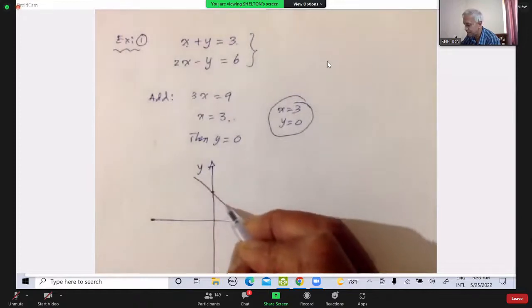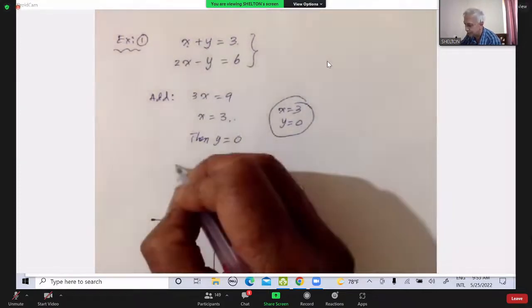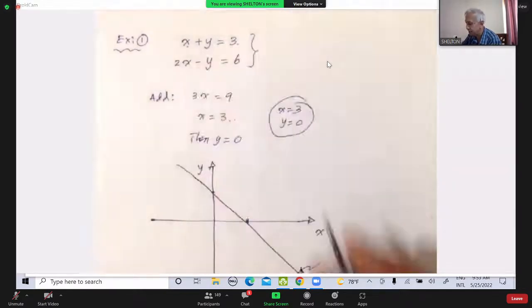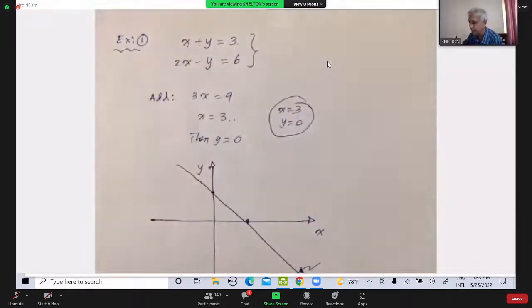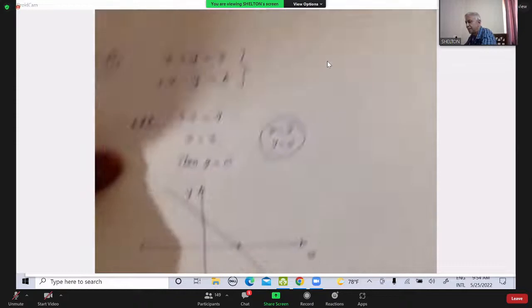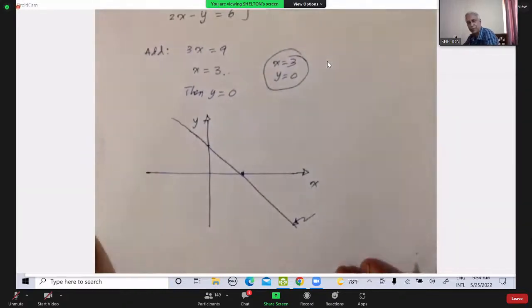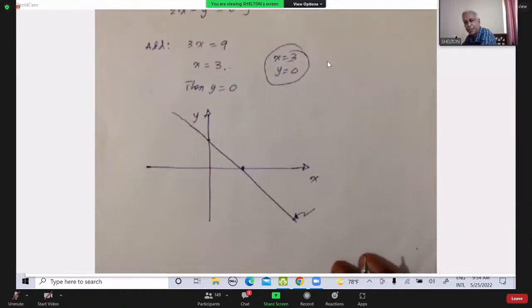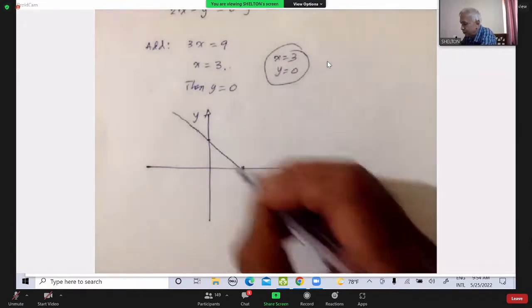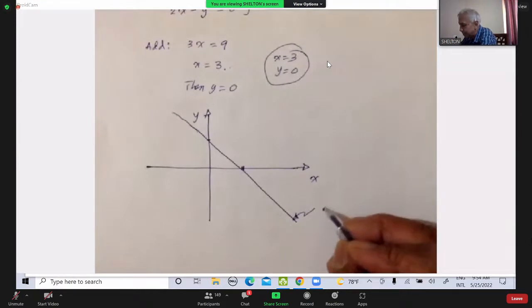This is the first line. Straight lines are ax plus by plus c equals 0, or ax plus by is equal to c. If you know two points, you can draw the straight line.